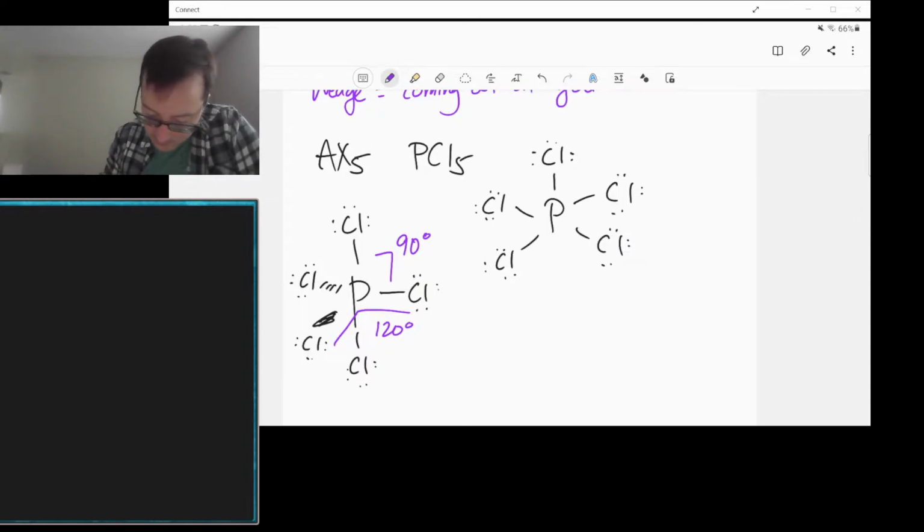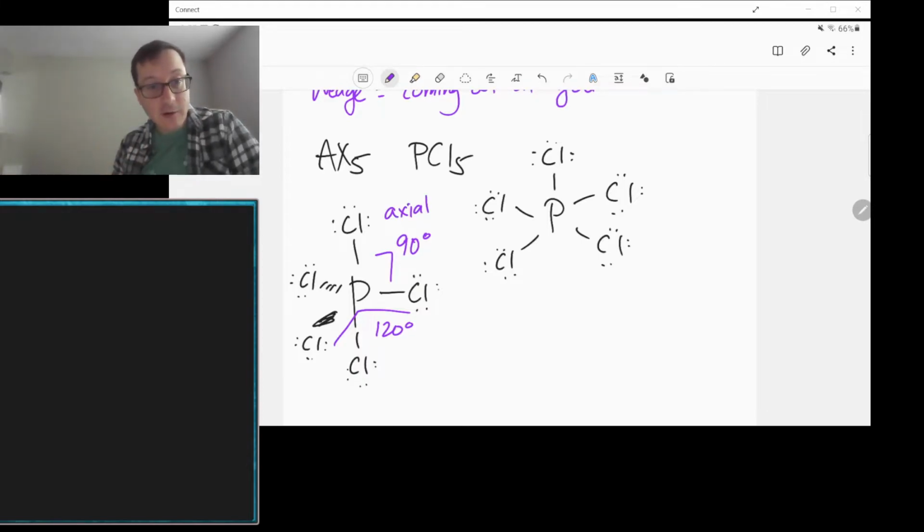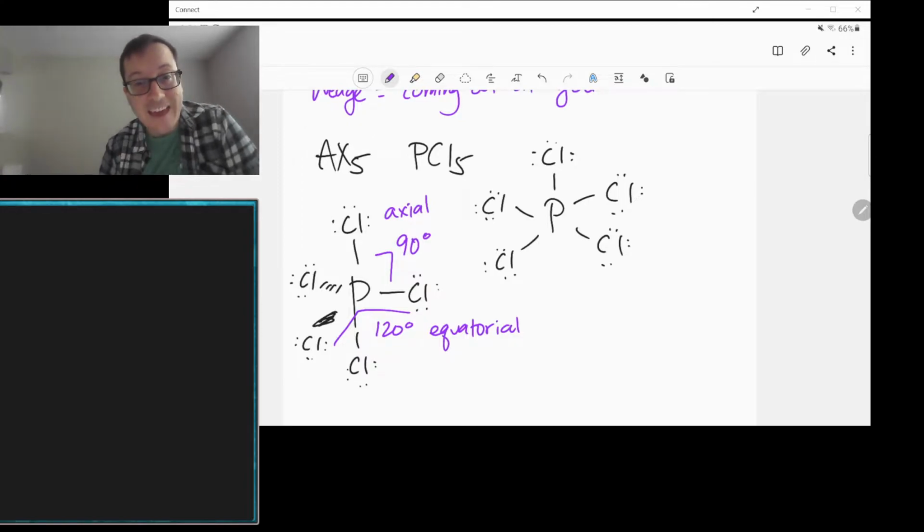So we call these, by the way, axial, the ones on the axes up and down. And we have these ones equatorial on the equator. So we have the equatorial angle for this shape is 120 degrees.